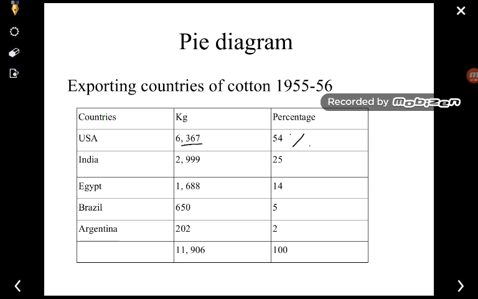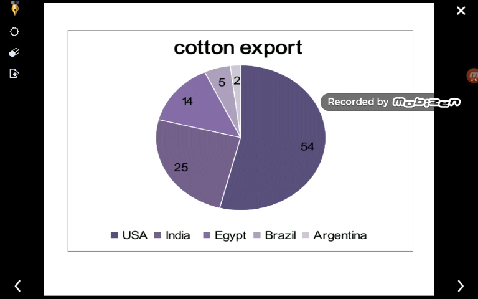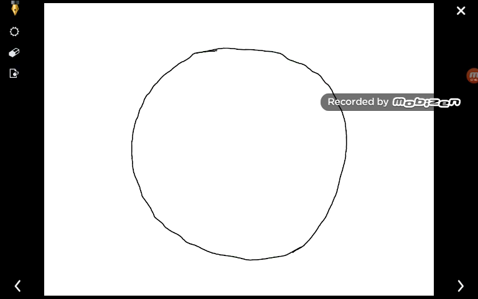Now we have to convert into the degrees. For that, what do we have to do? We have just converted into the percentage. If it is 54%, we know that 360 degree is equal to 100%.